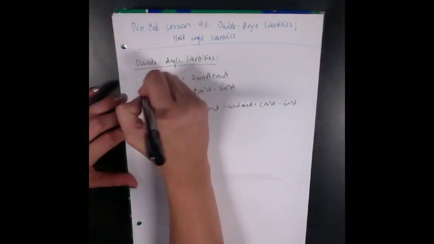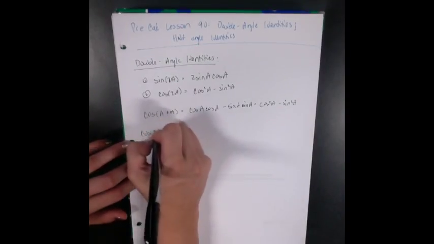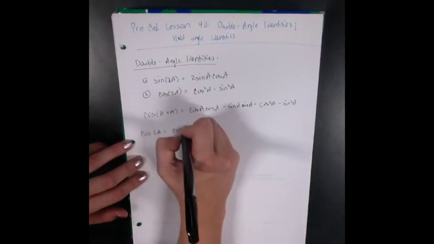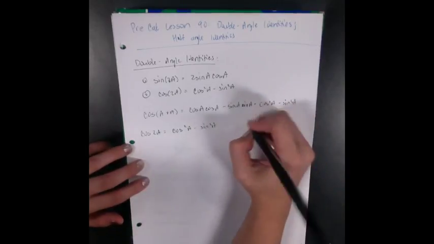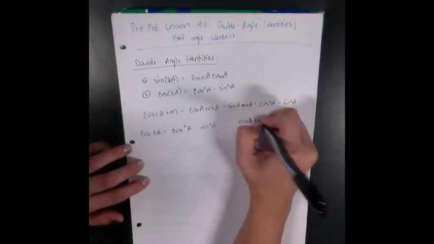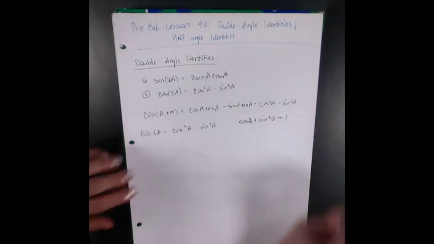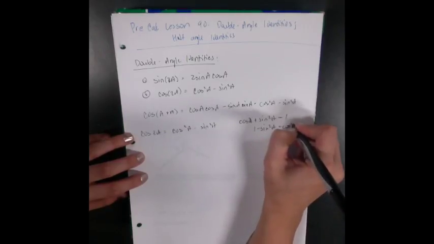So here's one, here's two. Let's look at the cosine of 2a. We have the cosine squared of a minus the sine squared of a. Now we have our identity that says the cosine squared of a plus the sine squared of a is 1. So 1 minus the sine squared of a is the cosine squared of a.